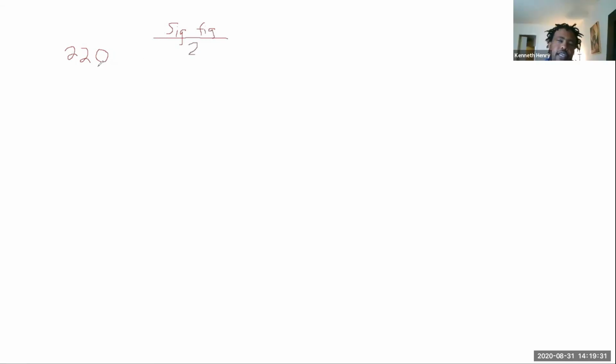In this case, that's 2 significant figures. If we have 202, that would be 3 significant figures, because here, this 0 is in between 2 numbers. It's called a captive 0. It's caught between the 2. So then that would be 3 sig figs.